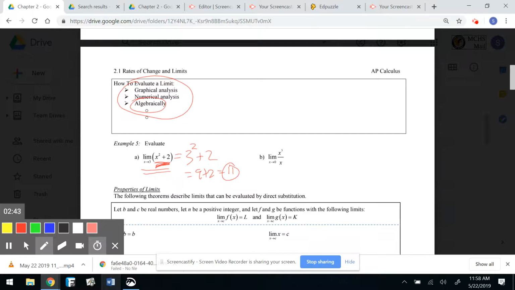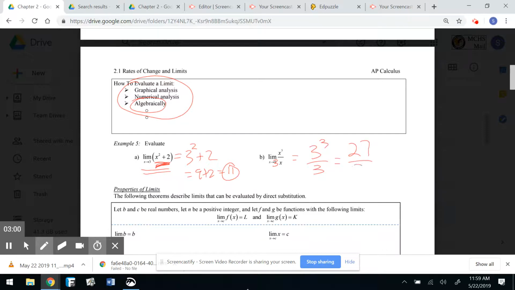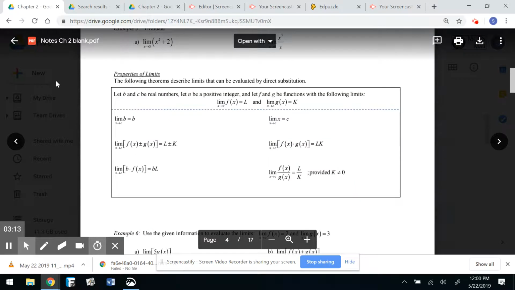As x approaches 3, and that is supposed to be a 3 right there, the limit of x cubed over x would be 3 cubed over 3, which equals 27 over 3, which equals 9. Same thing: graph it as you approach 3 from the left-hand side and from the right-hand side, and you're going to get 9 as your answer.